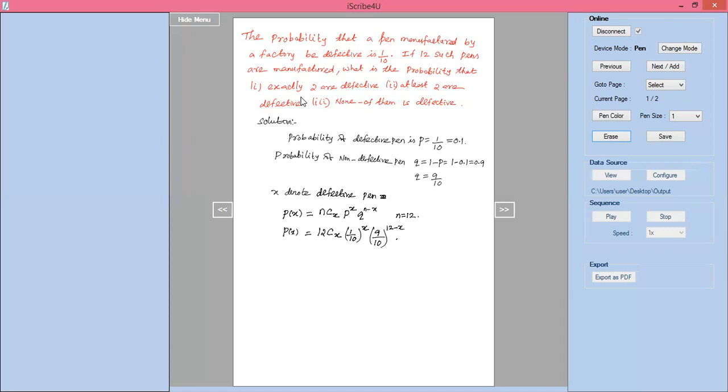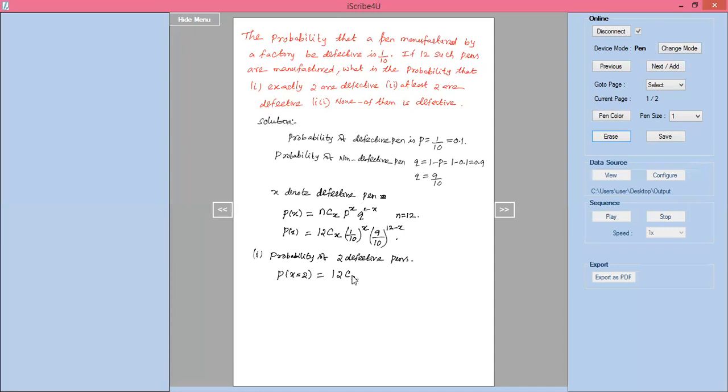Now here, 2 are defective. Probability of 2 defective pens means probability of X equal to 2. This is the first question.